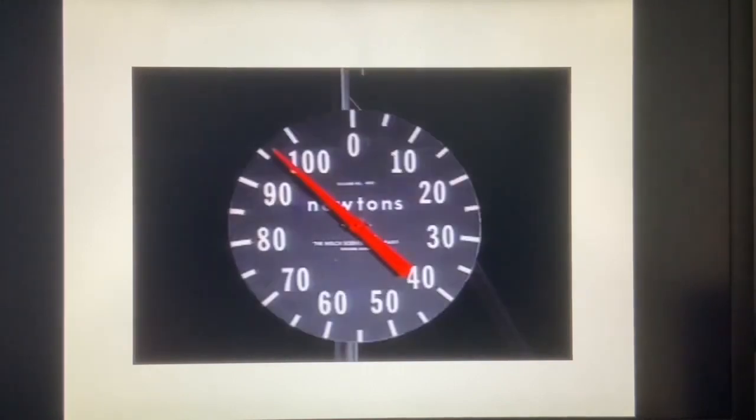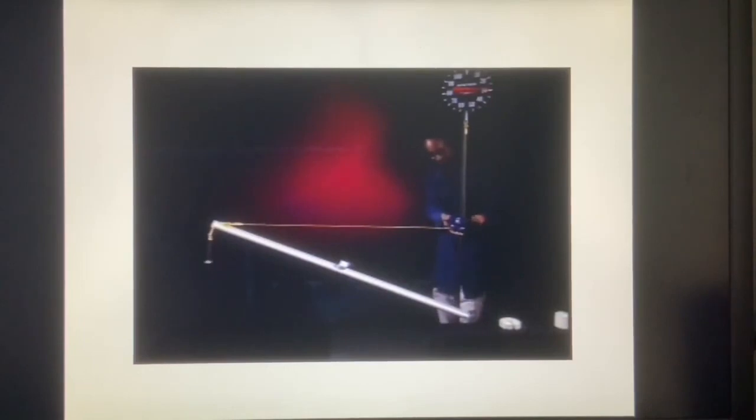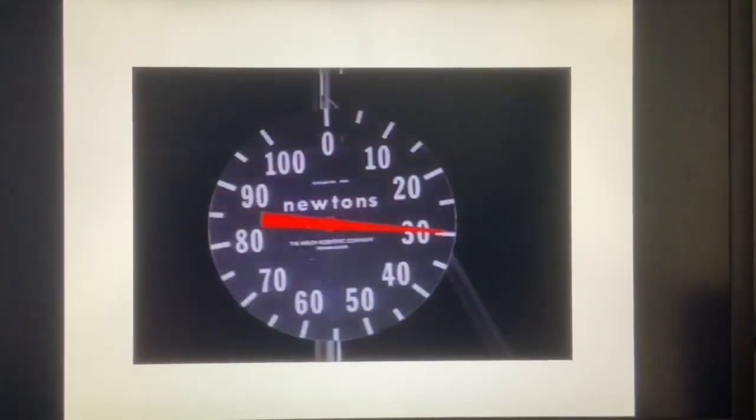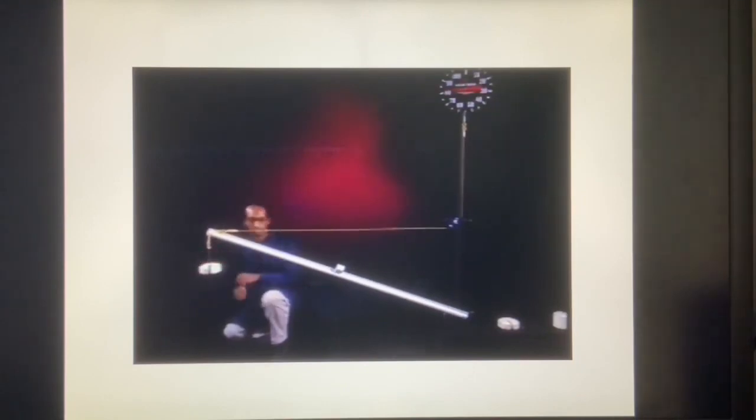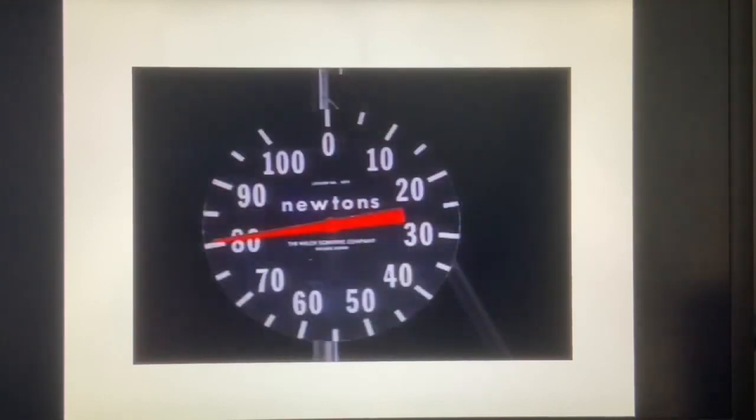Now we'll put 4 kilograms on the arm. Here is the new reading. Now we'll move the pulley holding the wire to a new position. Here is the reading on the scale with the arm empty. Here is the reading with 2 kilograms added.